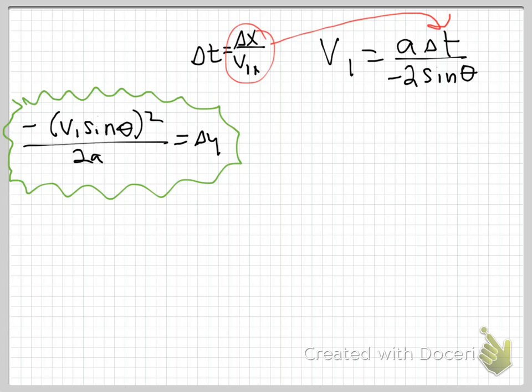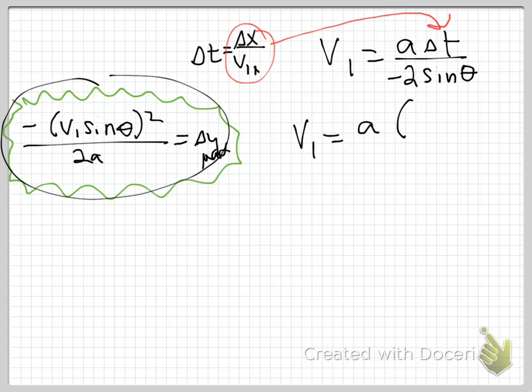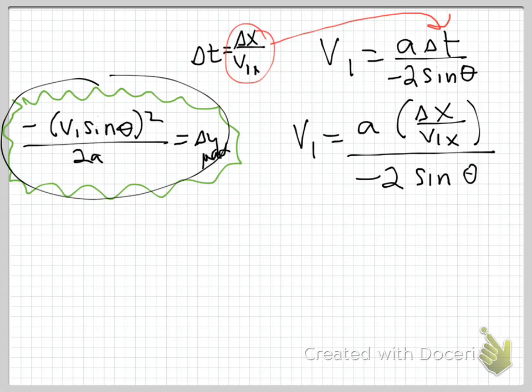Okay, so not losing sight of the fact that this is what we're getting to. This is how we're going to solve for delta y max. I keep losing my max. We have an expression for VI that's almost complete. So we're going to sub in the expression that we have for delta t. So VI now equals a times the quantity delta x over vi x over negative 2 sine theta.